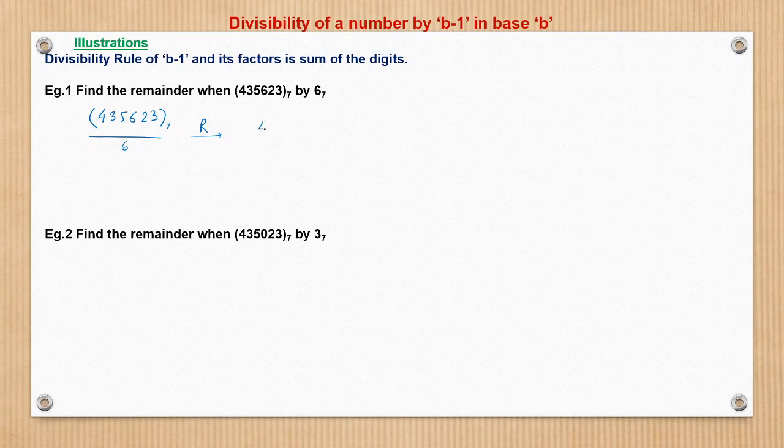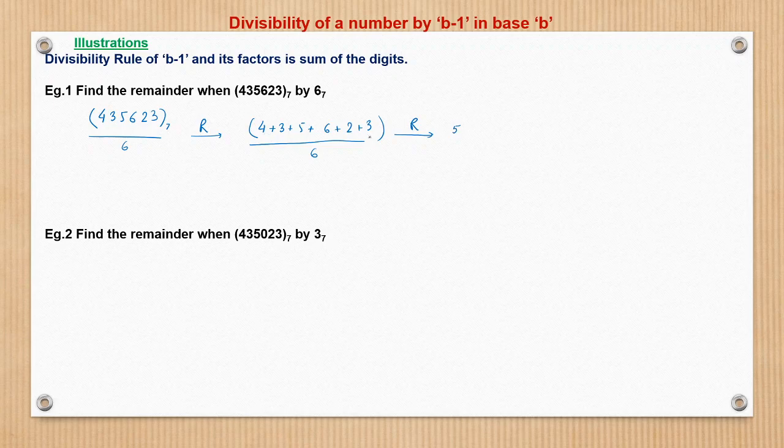That is nothing but 4 plus 3 plus 5 plus 6 plus 2 plus 3, upon 6. Here the addition would be 4, 3 is 7, 5 is 12, 6 is 18, 20, 23. 23 upon 6, the remainder would be 5.